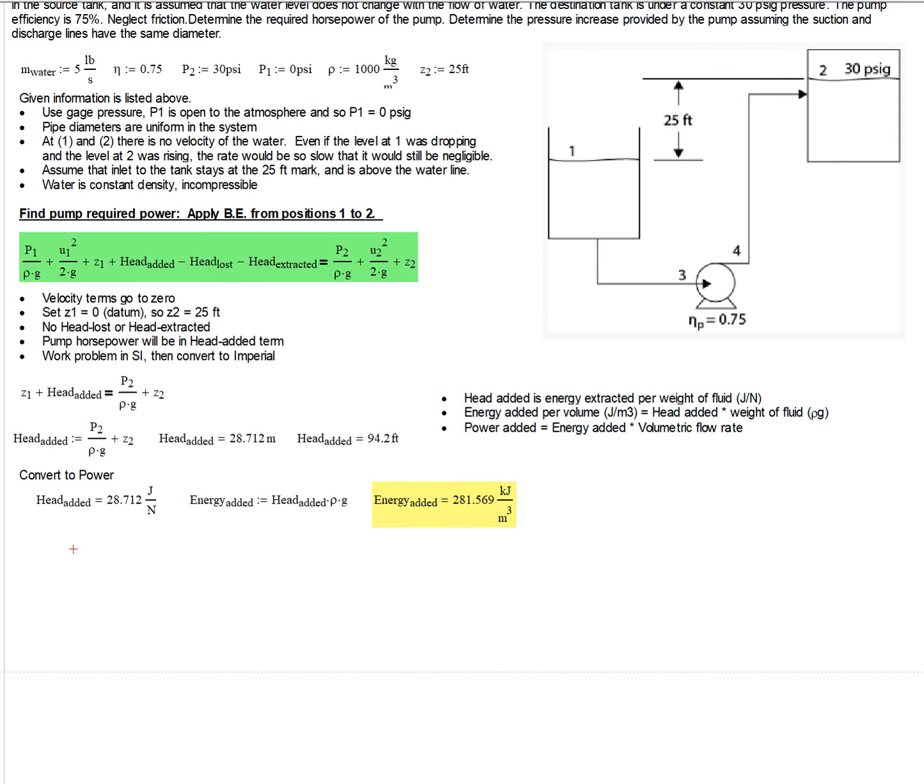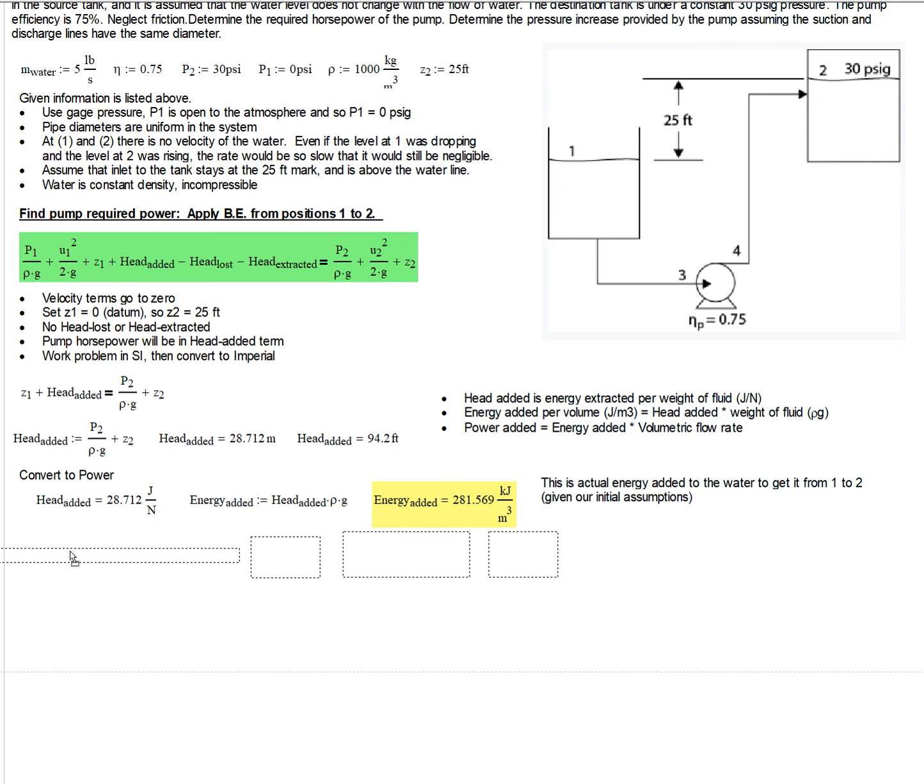If I want to then calculate the horsepower, what I am going to have to do is calculate the volumetric flow rate of the water in this system. And so if you remember, the volumetric flow rate is equal to the linear velocity times the cross-sectional area. We do not need to use that. What we have is a mass flow rate.